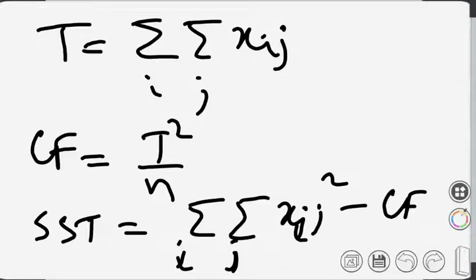Two-way is much easier to remember because there is no confusion, but in one-way there is a little bit of confusion. So for two-way, SST is double summation Xij square minus CF. This is more or less the same as what we have done.